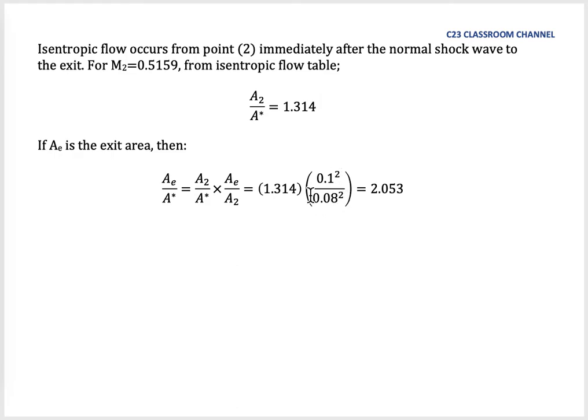In this calculation, actually you need to use pi d squared over 4, but because pi and 4 are constants, we can cancel them. So we can simplify the calculation of the area ratio for AE and A2 by only using the diameter. Please be careful about this one. And then we get that the area ratio of AE exit over A star throat is equal to 2.053.